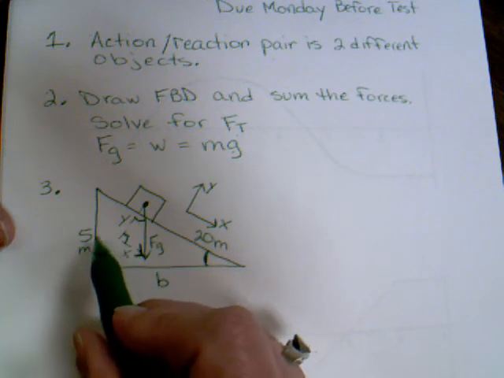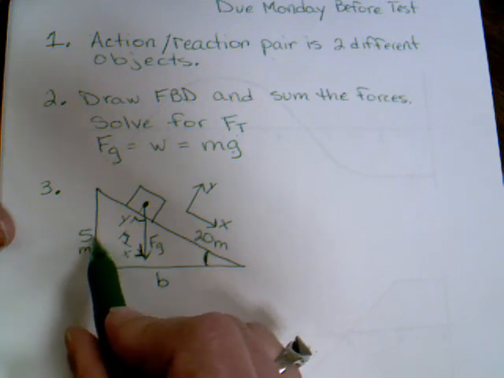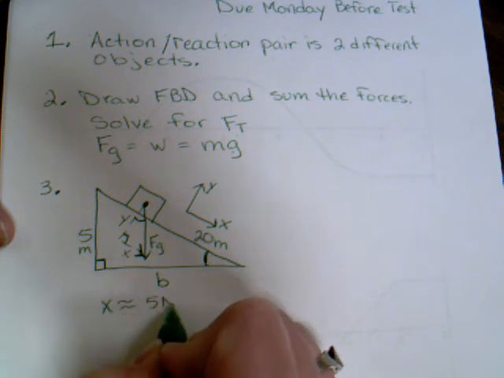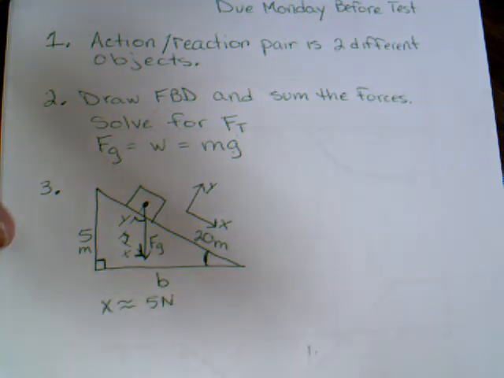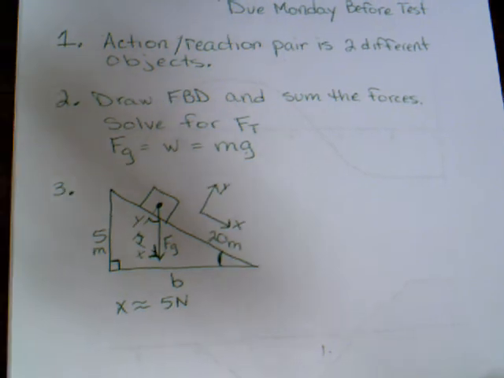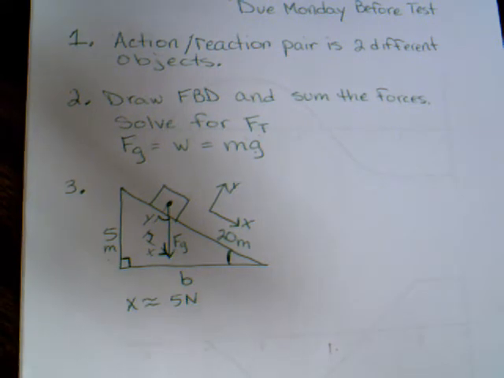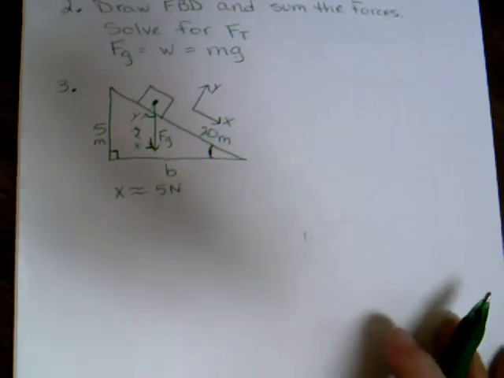And so if we look at the angle opposite the angle next to the right angle, we can tell that x is approximately equal to 5 newtons, or 5. In this case, it'll be 5 newtons. Here it's 5 meters. So it's just a similar, it's just a geometry problem.